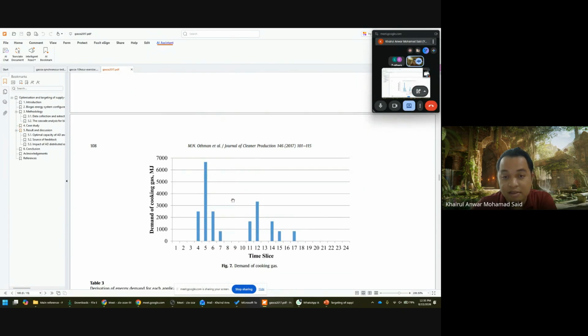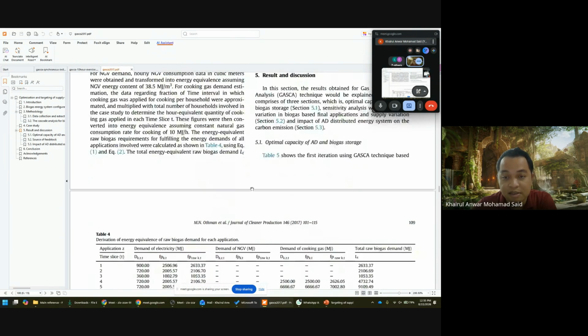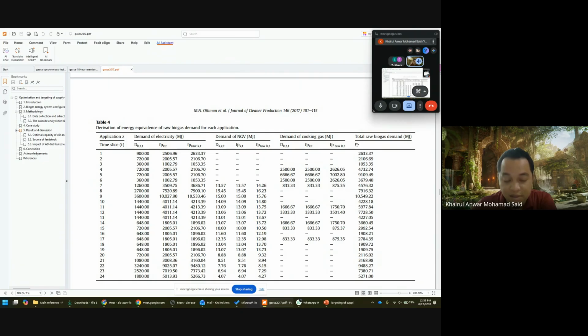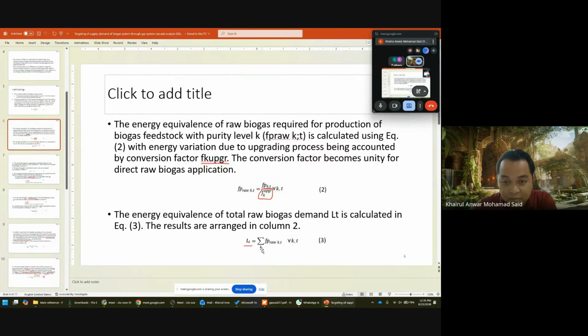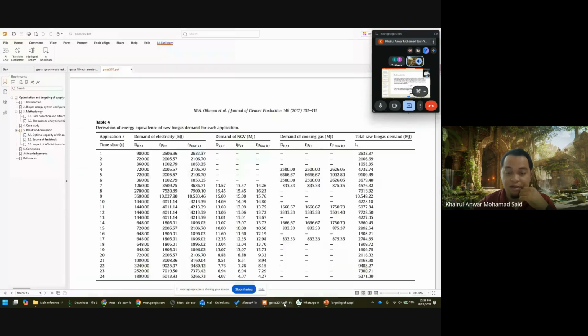Next is to find the LT. LT is equal to the summation of FP row. We have three FP rows: electricity, NGV, and cooking gas. For times one until three, only one FP row is available, so the value is similar.